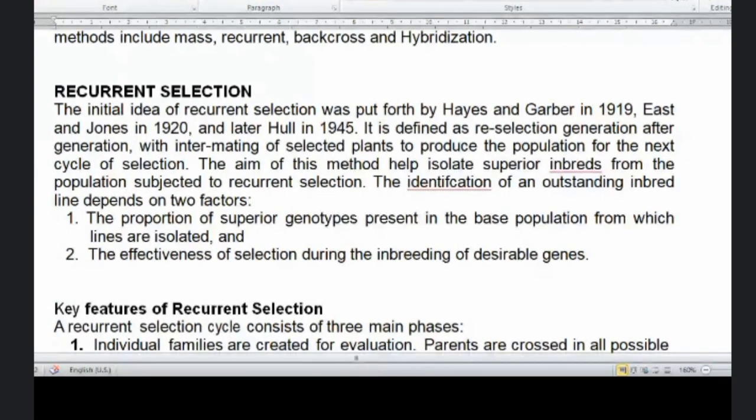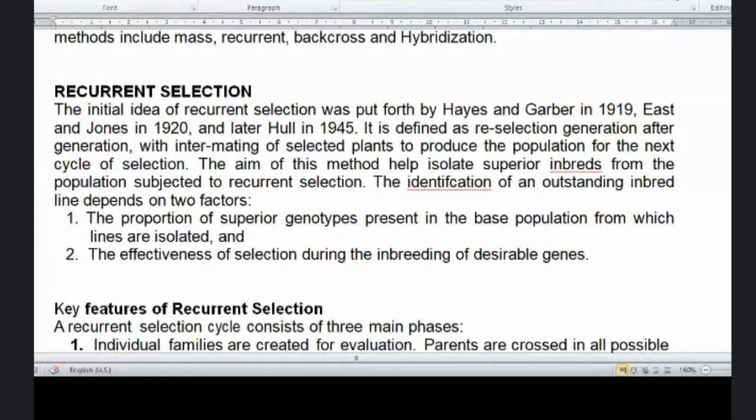They defined recurrent selection as reselection generation after generation with intermating of the selected plants to produce the population for the next cycle of selection.